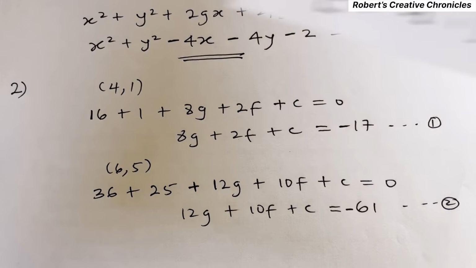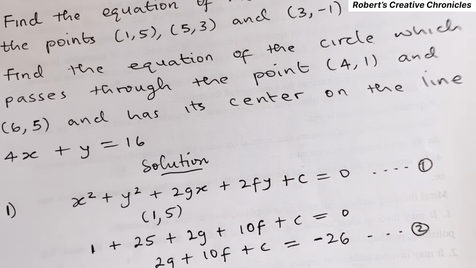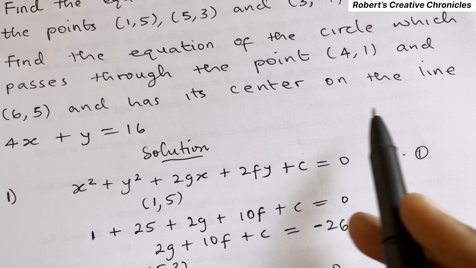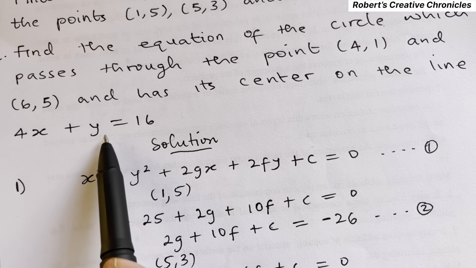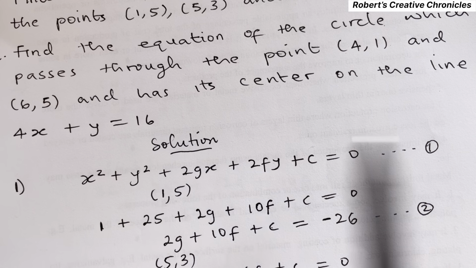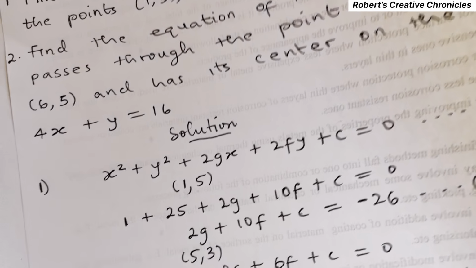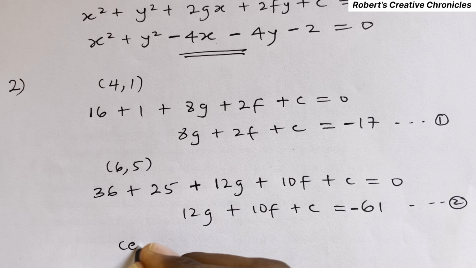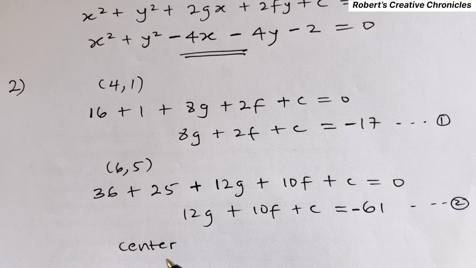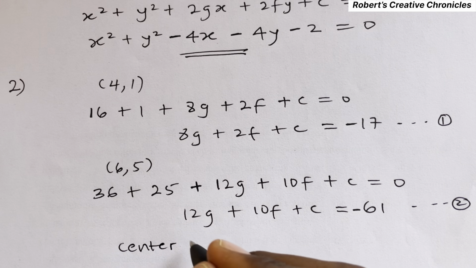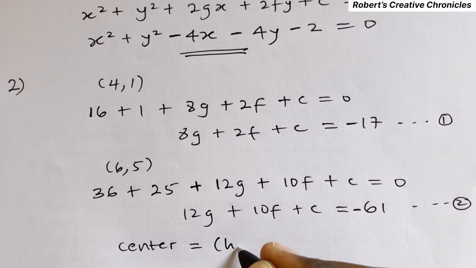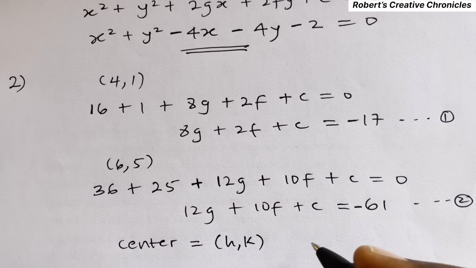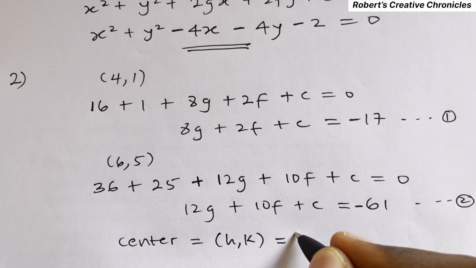And now the question states that it has its center on the line 4x plus y is equal to 16. That means the center lies on this line, and the center of a circle is given by what? Is given by the coordinate h, k, which is equal to what?